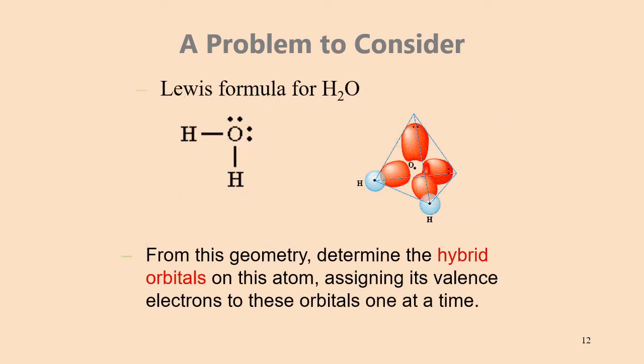First, we draw a Lewis structure for water. From this geometry, we can determine the hybrid orbitals on the central atom, which is oxygen, assigning its valence electrons to these orbitals one at a time.